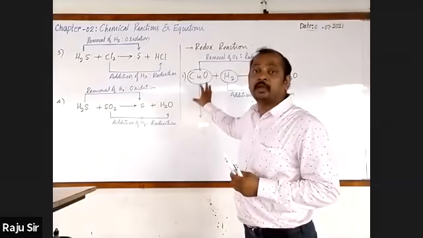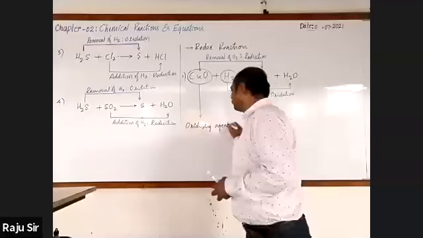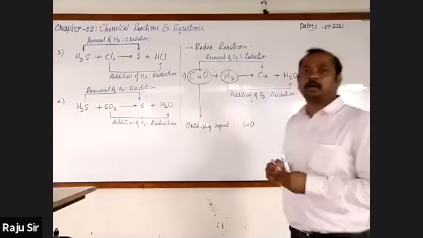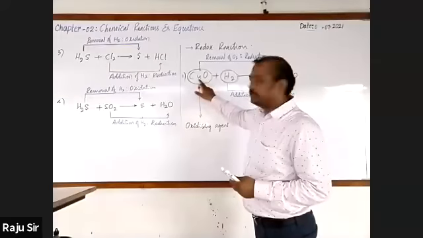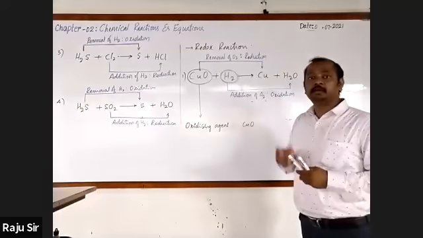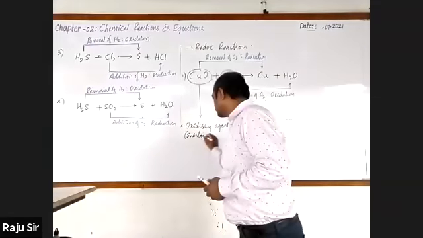The chemical substance which gives oxygen for oxidation is called an oxidizing agent. Don't copy, just observe. Of course, I'll give you the points also. In this case, the copper oxide is called the oxidizing agent. After giving the oxygen, it gets reduced to copper. Therefore, it is also called the substance reduced. Oxidizing agent is also called substance reduced.